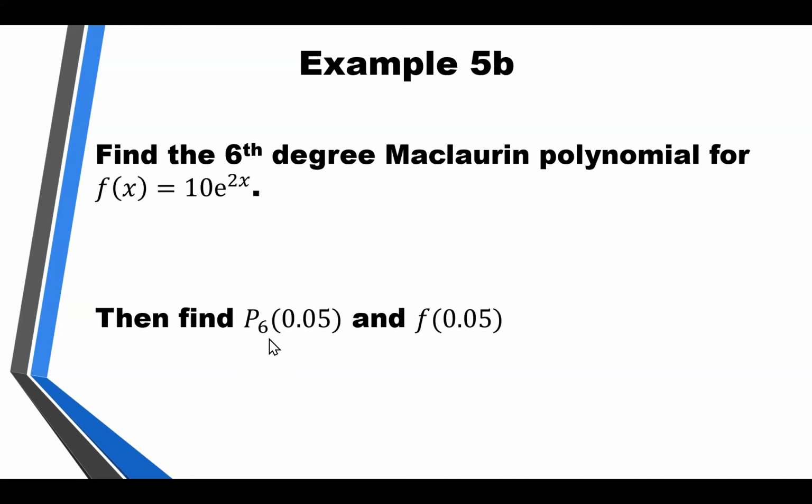And then with both of them, plug in 0.05 and see how well that matches the function value at 0.05. So do the fourth and sixth degree polynomial. Push pause on the video if you're trying that. If you're not going to try that, then again, I'll give you a couple of seconds to push pause. But if you're not, then I am going to just do it.